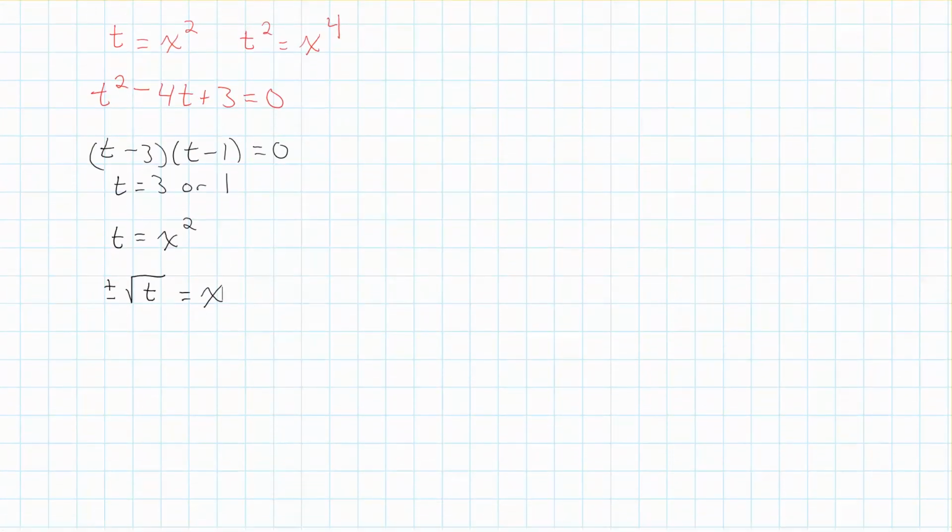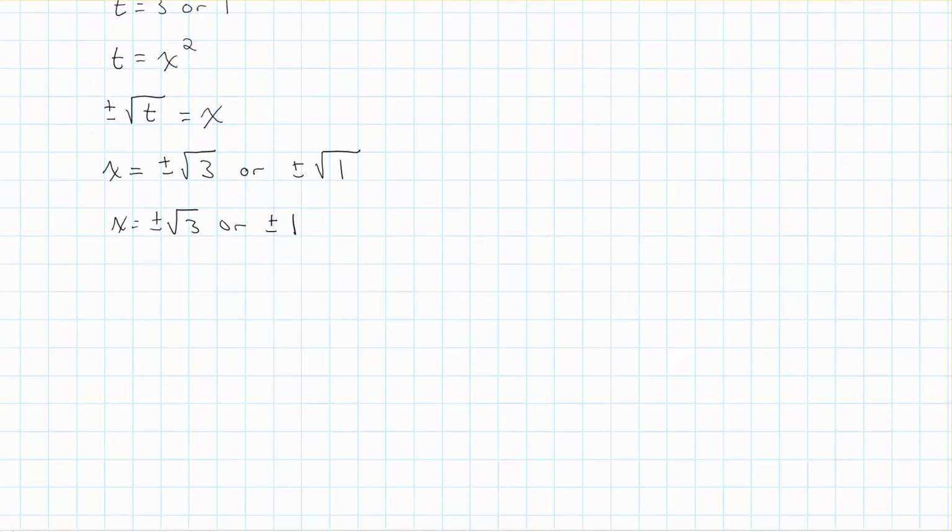And so x would be plus or minus the square root of 3, or plus or minus the square root of 1. So x would be plus or minus the square root of 3, or plus or minus 1. And so we solved that equation, even though it wasn't a quadratic equation, it was what was considered a quadratic type.